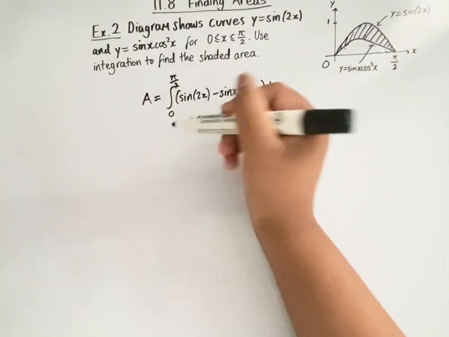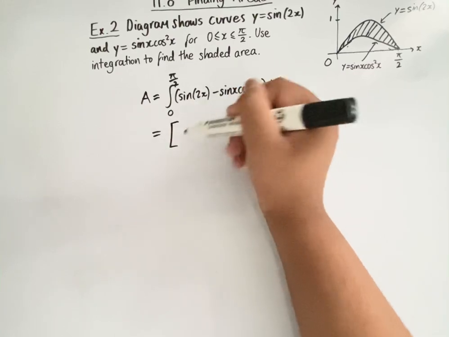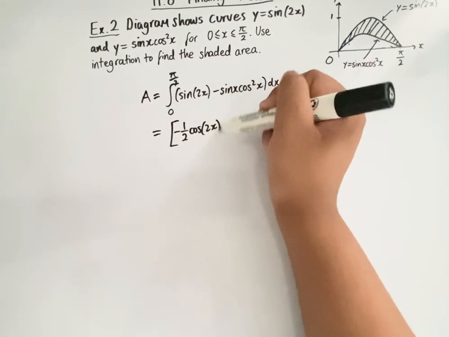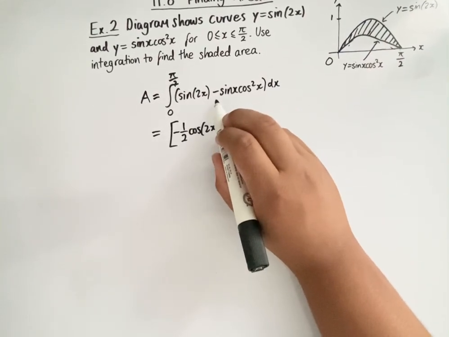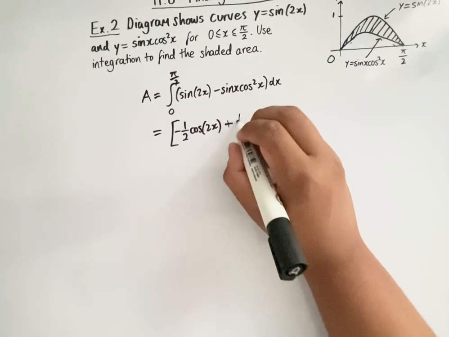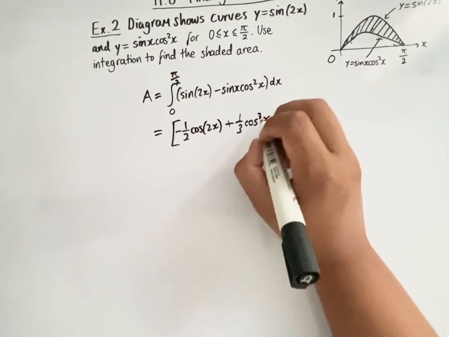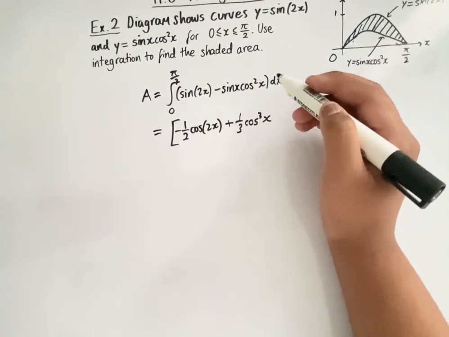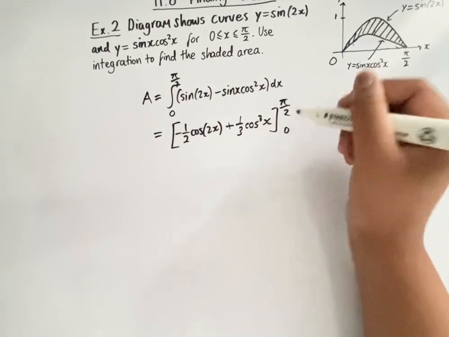Now, using the integration techniques we've learned, the integral of sine of 2x will be negative a half cos of 2x, and using the reverse of the chain rule, the integral of minus sine x cos squared x will be plus a third cos cubed x, because a third cos cubed x will differentiate into minus sine x cos squared x. And so this is from pi over 2 to 0.